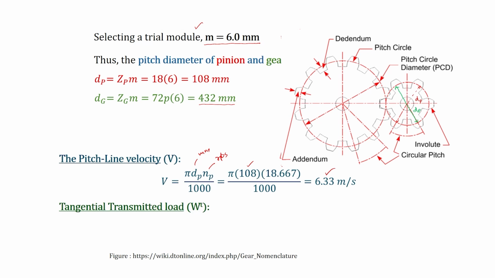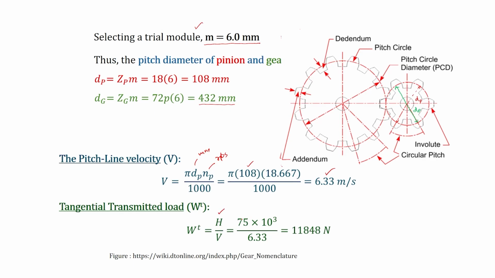Now, knowing the pitch line velocity, we can find what load, or what force, will be transmitted when this pinion runs at this speed. The transmitted load is Wt, which will drive the gear. It is given by the power you want to transmit divided by the pitch line velocity.